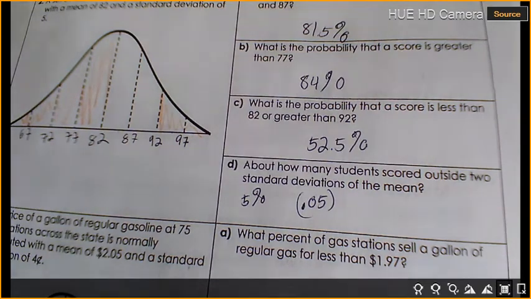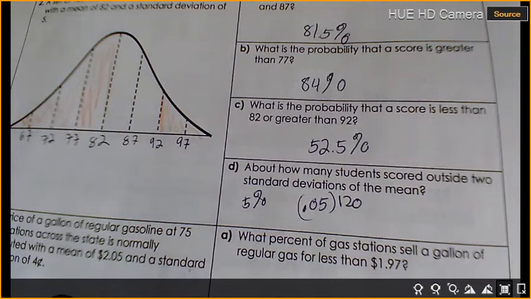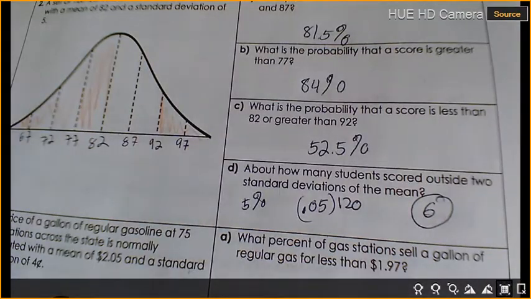And then we're going to times it by the number of test scores, which, just like Abby said, was 120. So 120 times 0.05 gives us 6. And we get 6 people.